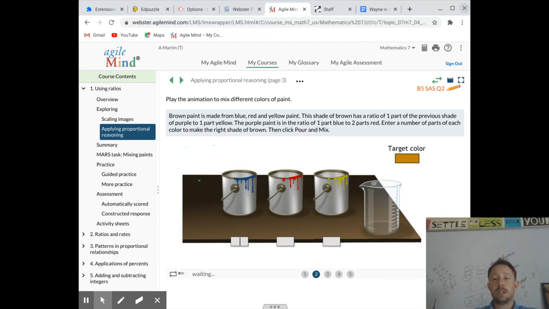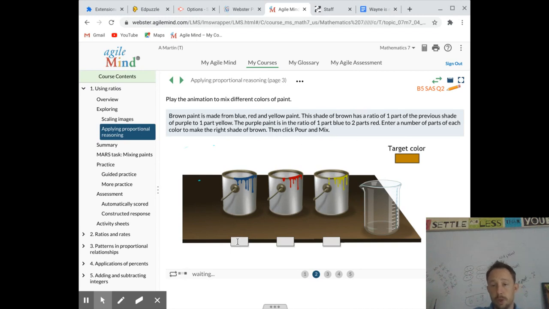And we're supposed to enter a number of parts of each color to make the right shade of brown. And then we're going to pour and mix it together and make sure it matches our target color. All right, just like we were getting a paint chip from the paint store, like we were talking about at the beginning of class.